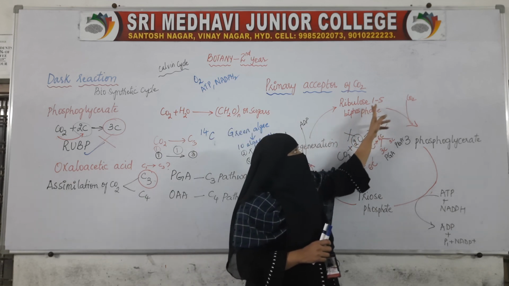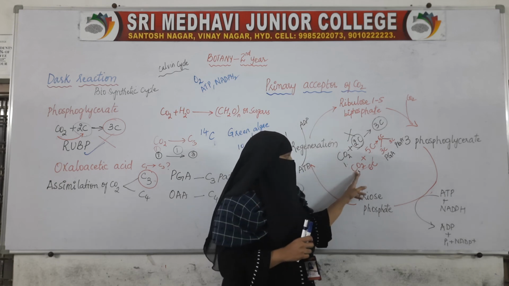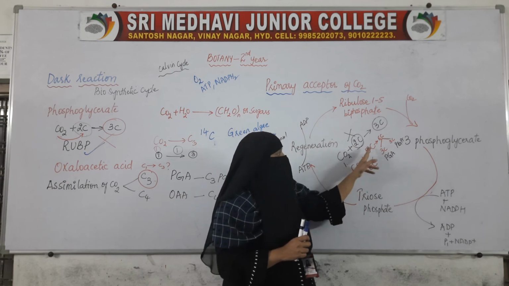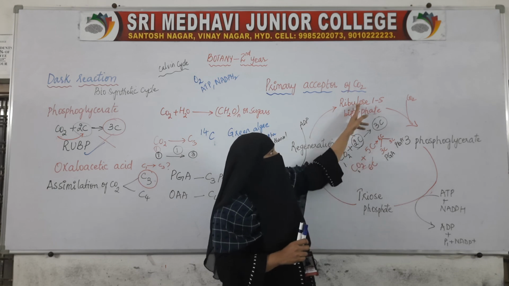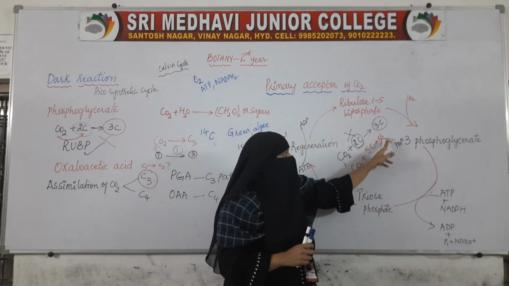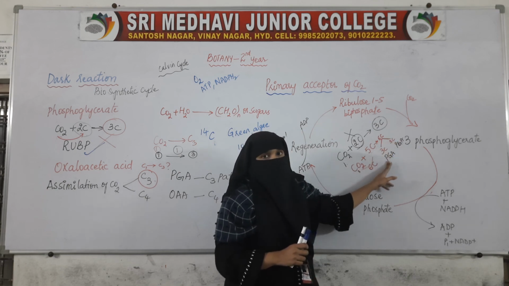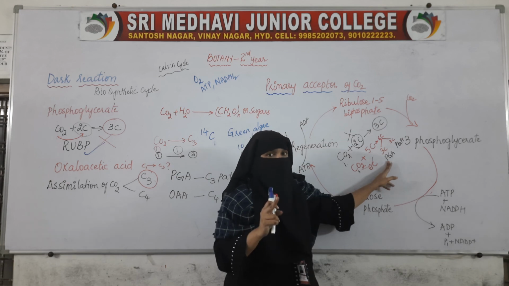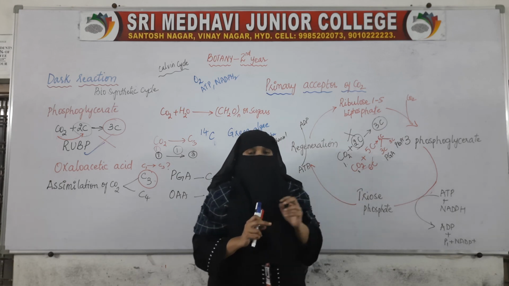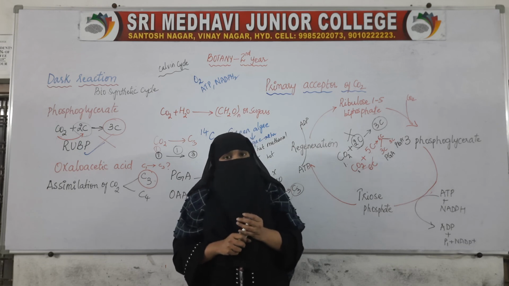Carbon dioxide is combining with ribulose 1,5 biphosphate and forming 2 molecules of phosphoglyceric acid. Each phosphoglyceric acid will have 3 carbons.